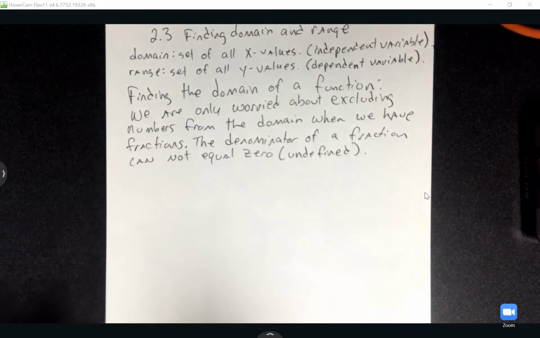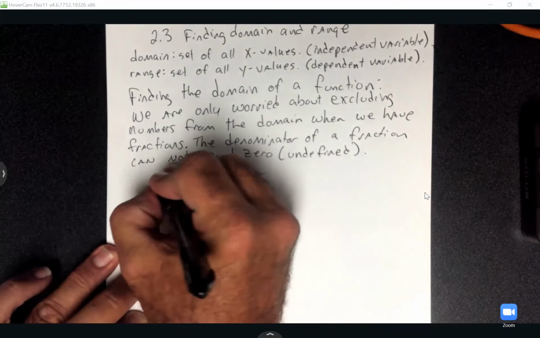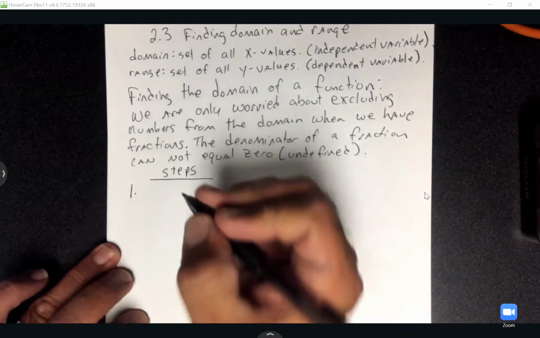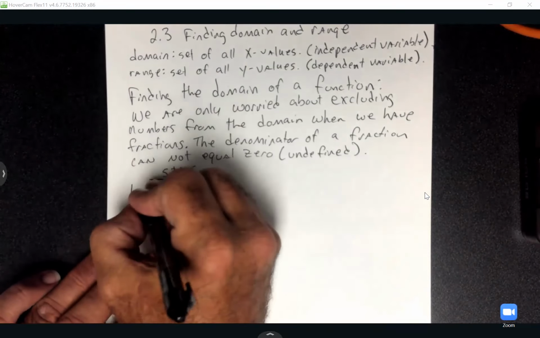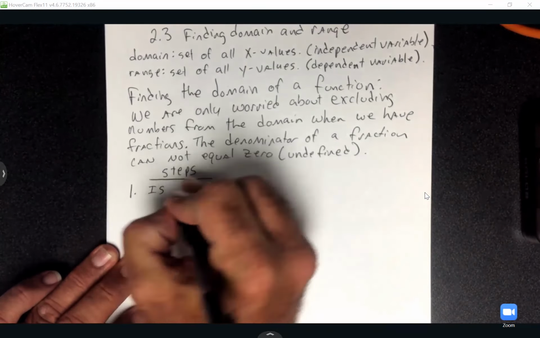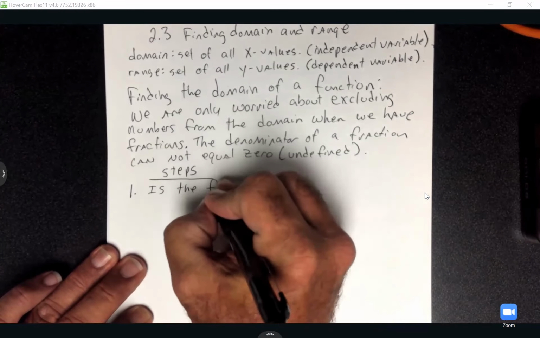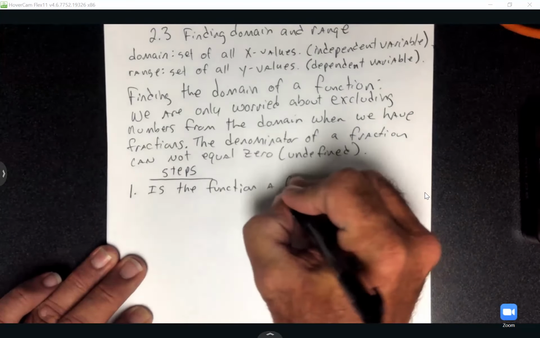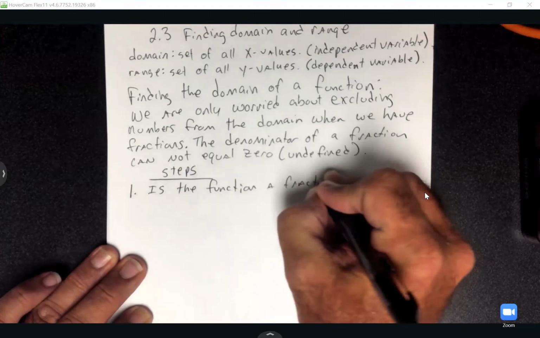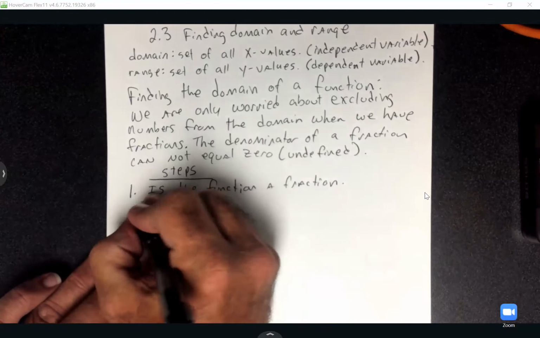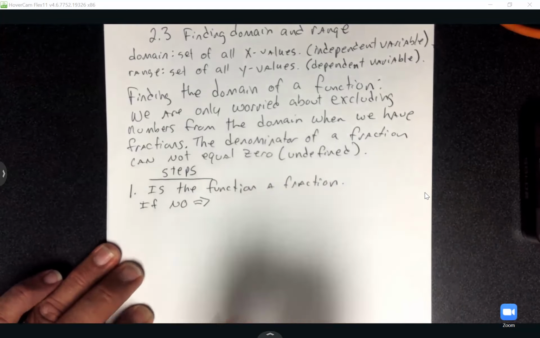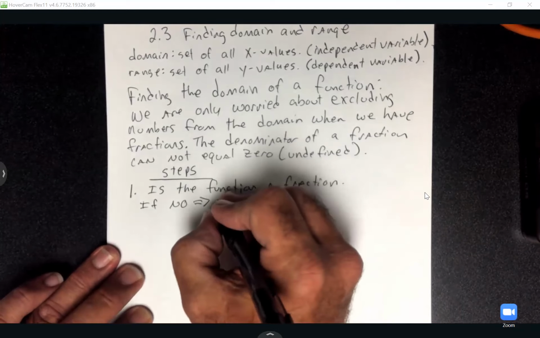So what we do for our steps. First thing I look at, is the function a fraction? If no, then the domain is all real numbers.